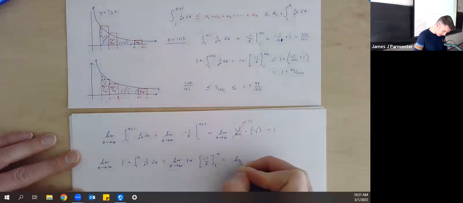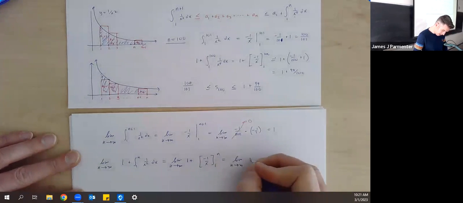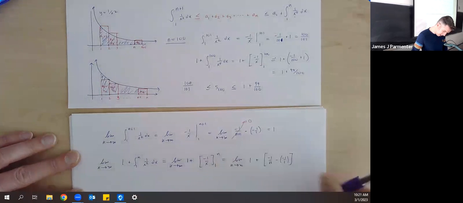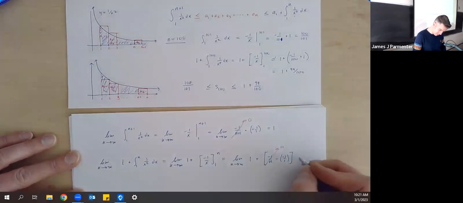So we get the limit as n goes to infinity of 1 plus negative 1 over n minus negative 1. This part again goes to 0. So I get 1 plus 1, which is 2.